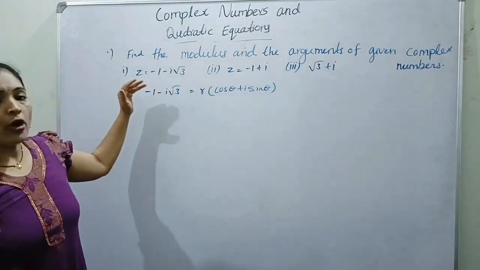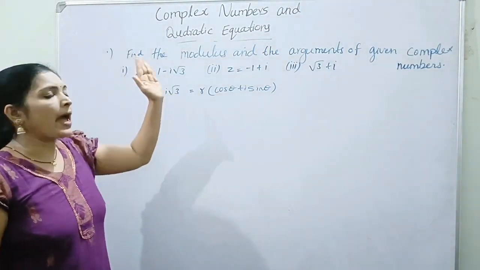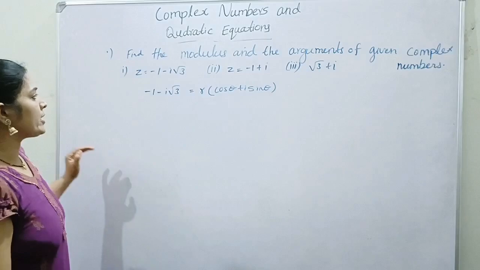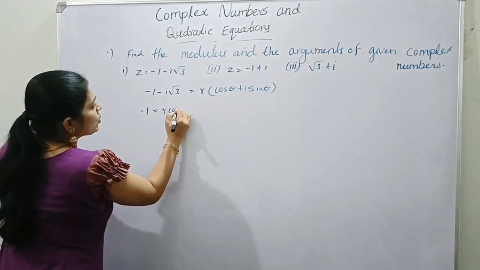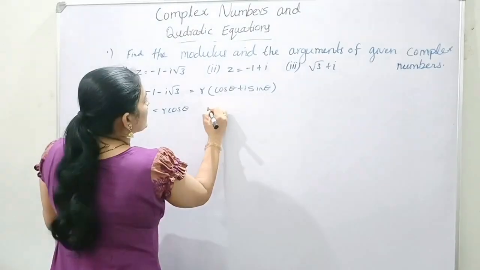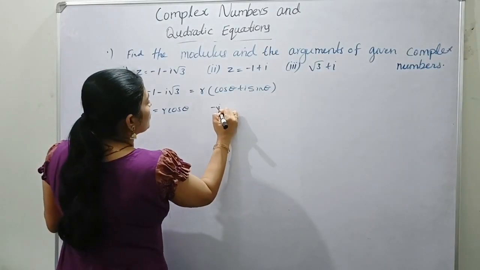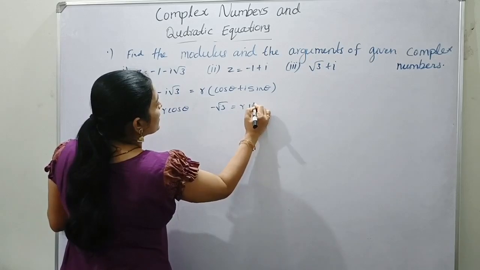Then comparing both sides, real part and imaginary part, corresponding parts, that is minus 1 is equal to r cos theta and minus root 3 is equal to r sin theta.